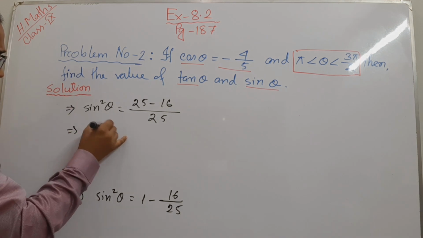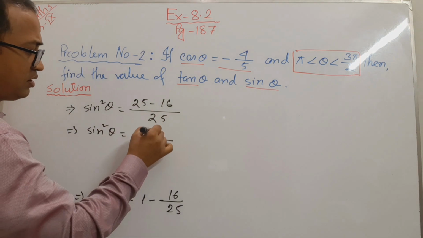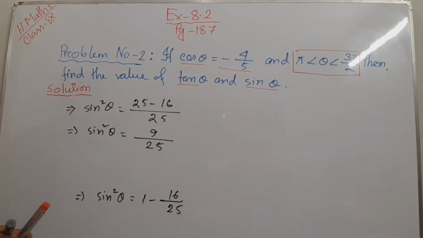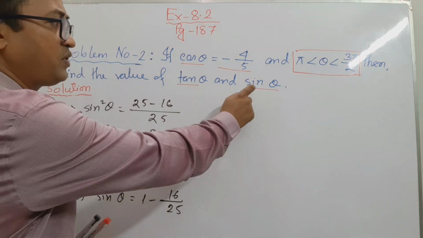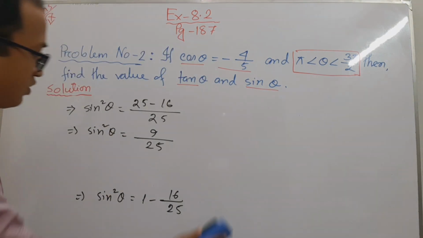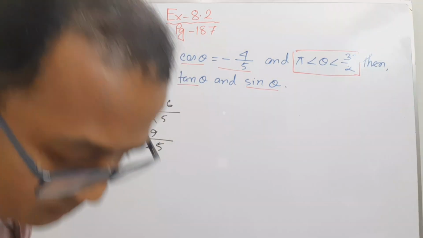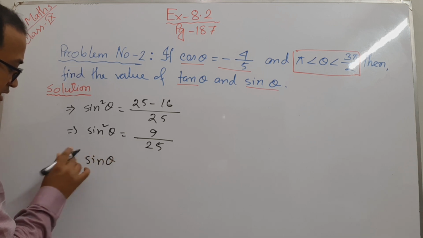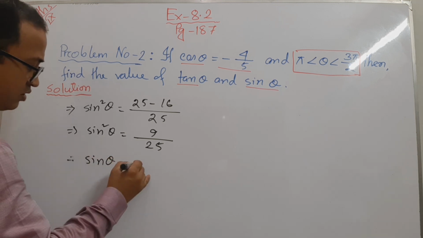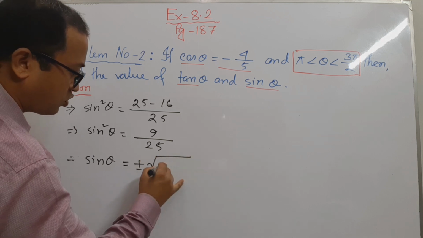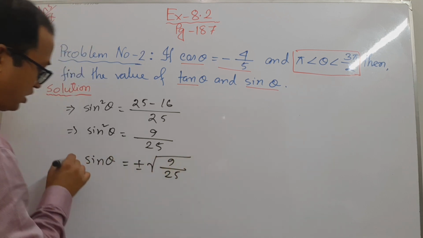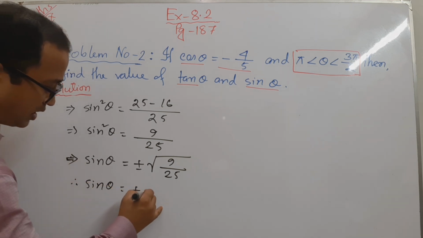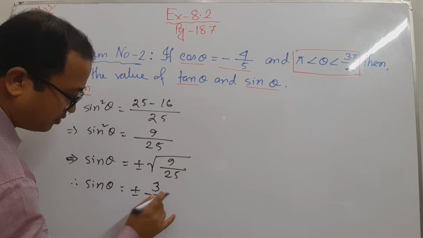So sin square theta is equal to 9 by 25. So we got the value of sin square theta, but we need the value of sin theta. If you want to find out the value of sin theta, what should you do? You should take the square root on both sides. So sin theta is equal to plus minus root over 9 by 25. So therefore sin theta is equal to plus minus 3 by 5.